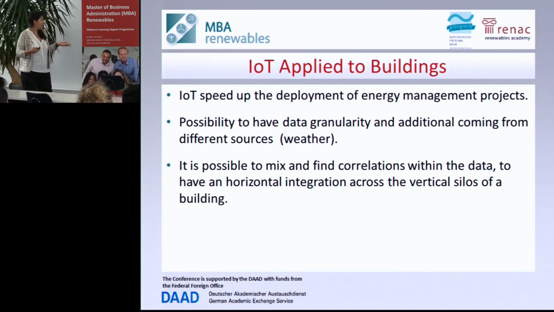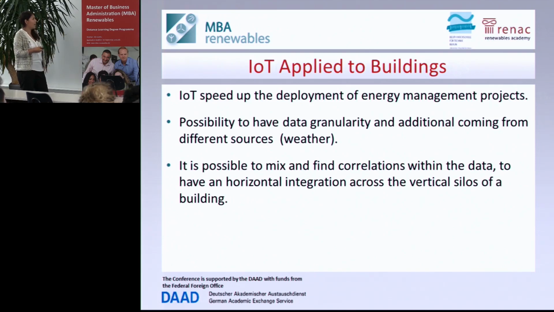Also, we have more data granularity and data coming from different databases, such as a weather channel. So we can correlate not only the data in our building or in our facility, but also the data coming from other sources. And it's also possible to find correlations.